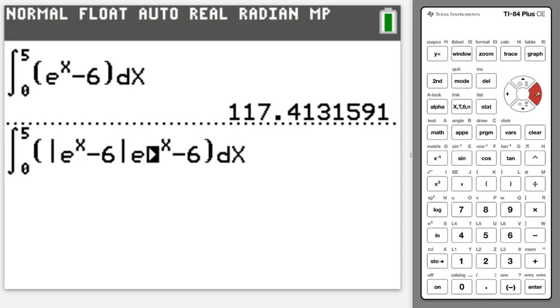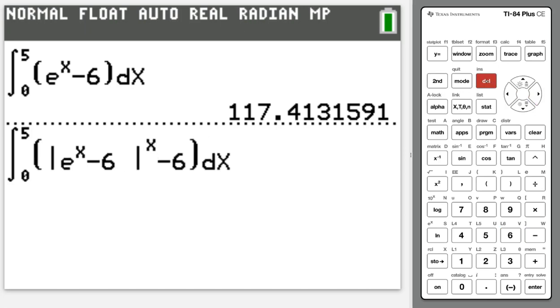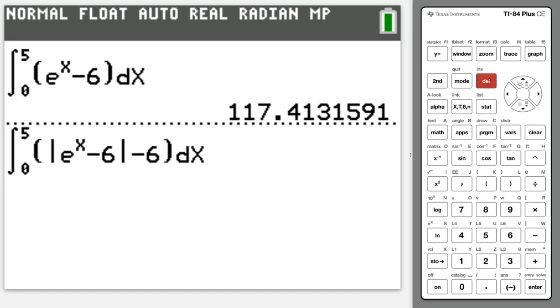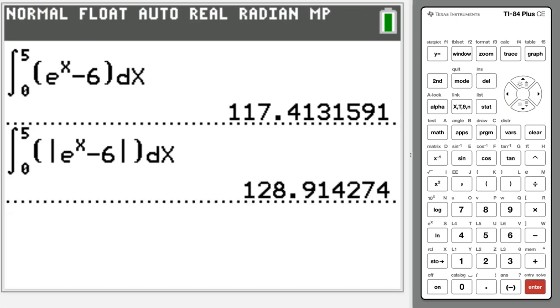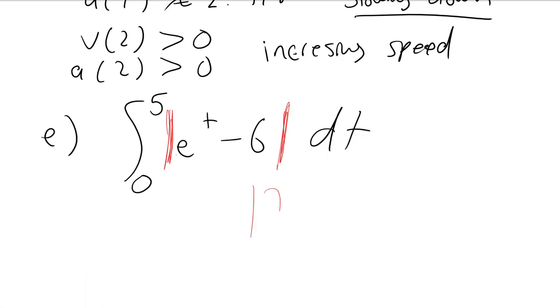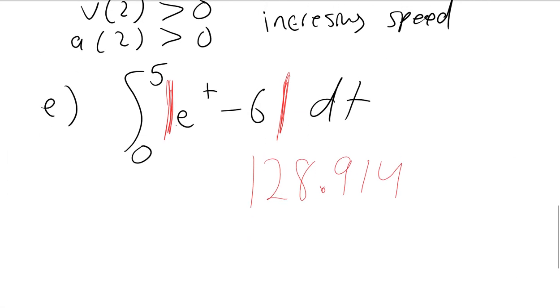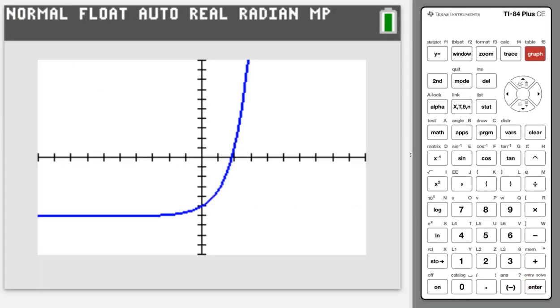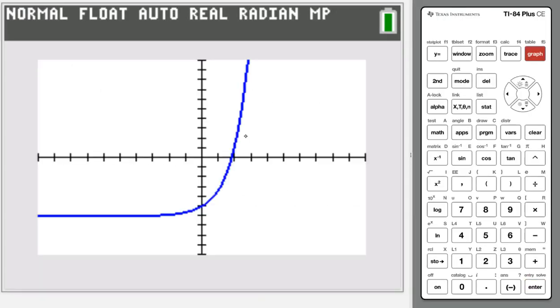You guys understand the difference between displacement and distance? You're okay with that? I understand that, but I don't really understand why the absolute value sign gives you distance. I think the easiest way to show you is with the graph.